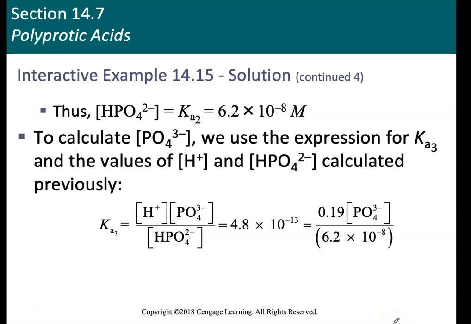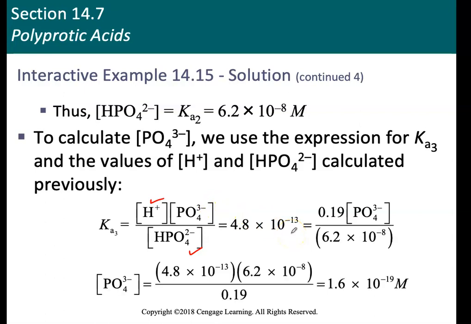So we can apply the same for the third equilibrium, because now we know the concentration of HPO4 from the above and H plus. Notice that H plus is the same throughout all these steps. And now we can calculate the value of PO4 3 minus, and that is the concentration.